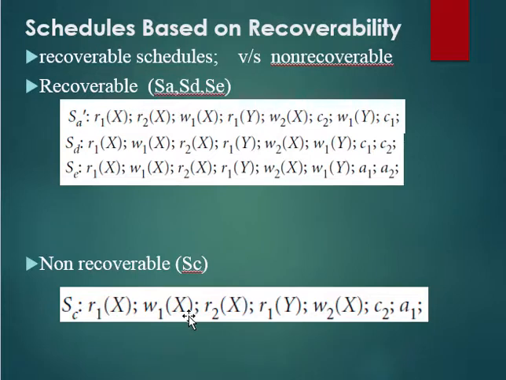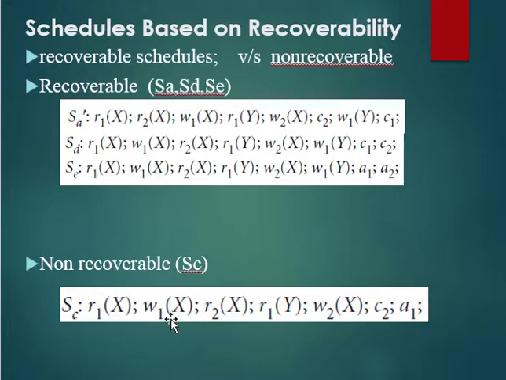Here a particular data item is written by transaction T1 and followed by a read, though not necessarily the very next operation. R2 of X can be the last operation. Here it is just following the write.